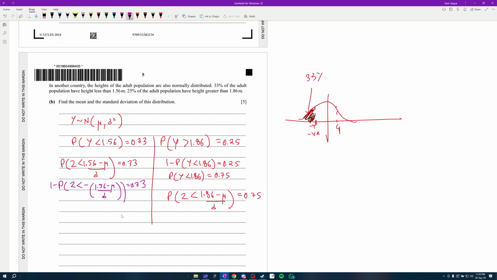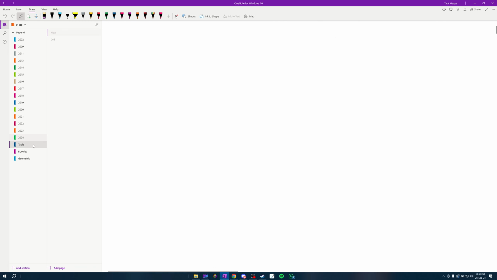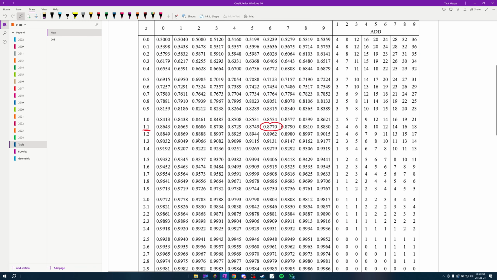So P(z is less than ...). Fine. Now we go back to the table and I'm looking for 0.67 and 0.75. But this is the inverse, right?